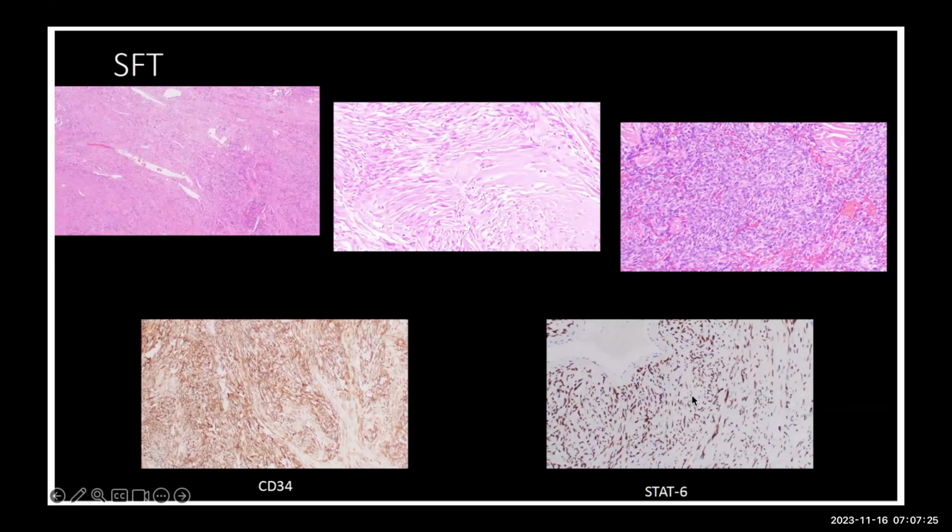In the middle upper picture, you see a lot of collagen and a spindle cell proliferation. It's typically famously called patternless pattern, meaning it doesn't have whorls, it doesn't have any streaming fascicles. It just seems to be a haphazard distribution of spindle cells in a highly collagenous background.